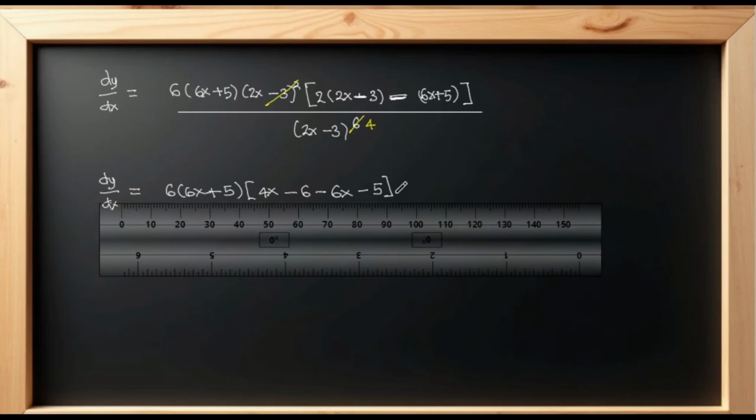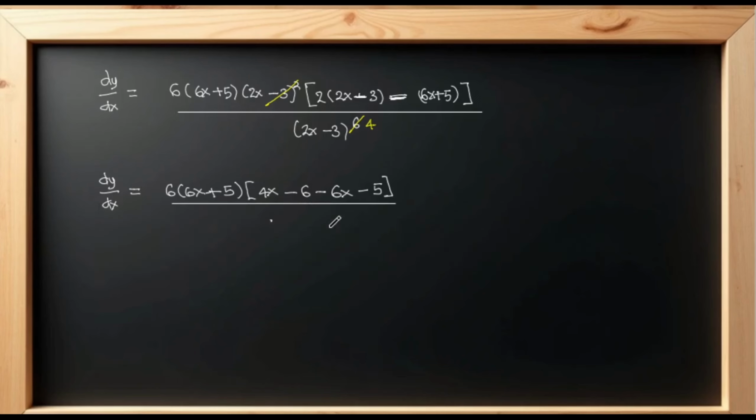So this time we will have the denominator raised to the power of 4. Therefore 2x minus 3 is now raised to the power 4.